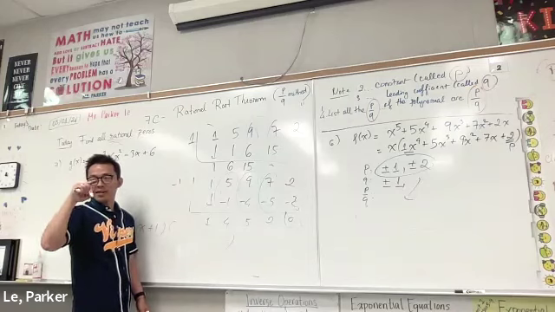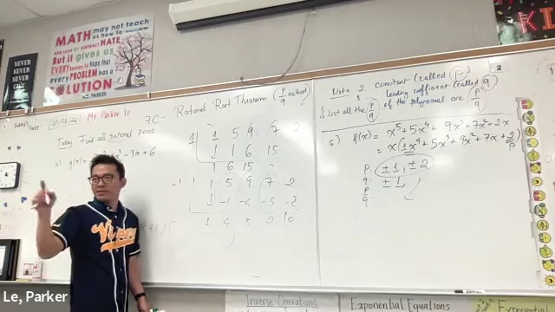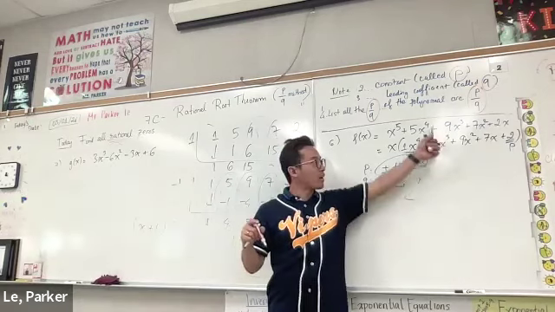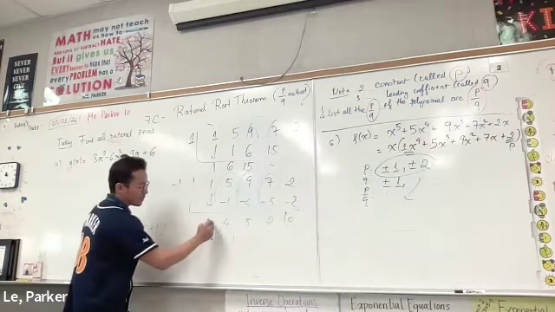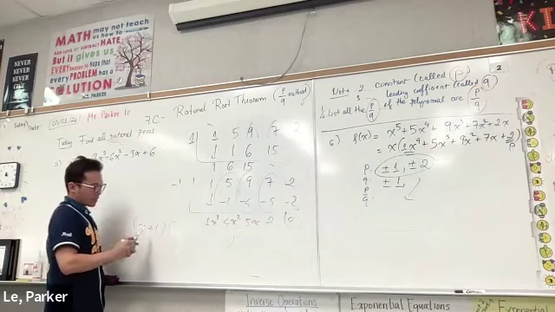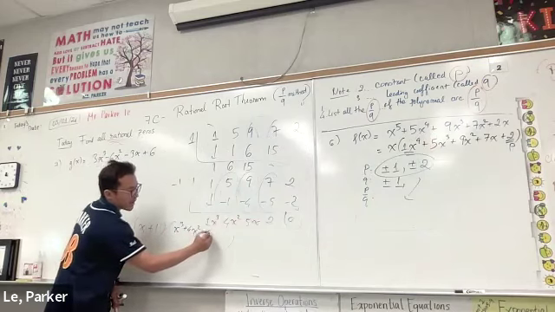All right, one power down, Sabrina. Oh, yeah, X cubed, sorry. You look at this one, not this one. So it's going to be X cubed plus 4x squared plus 5x plus 2.